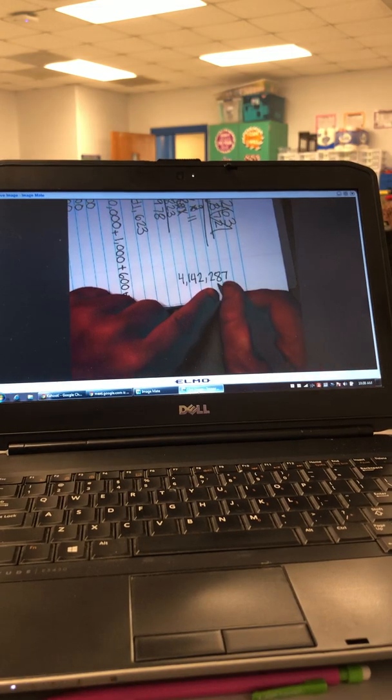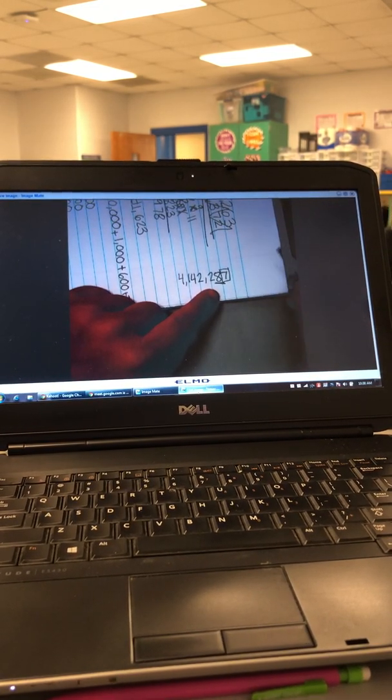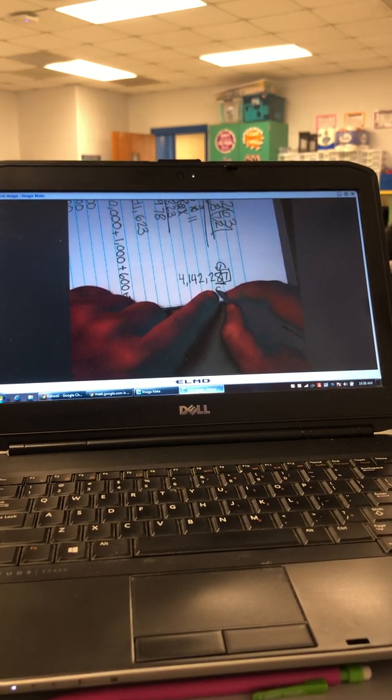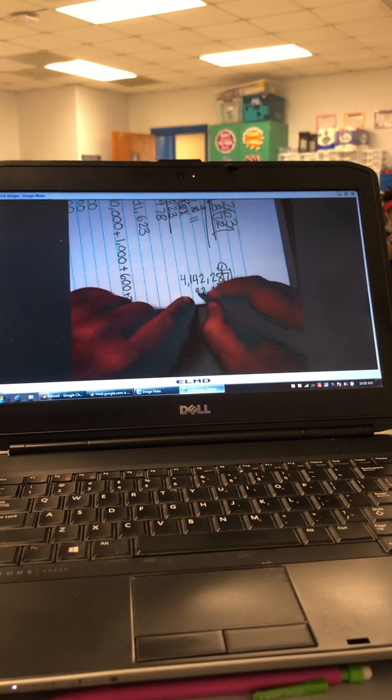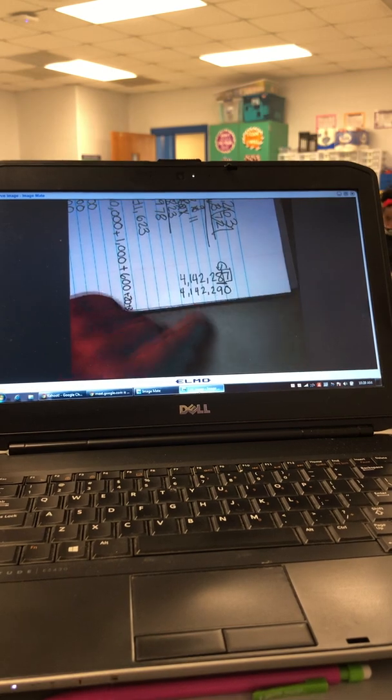Right here is my tens place. My 8 is my tens place. My 7 tells my 8 it needs to do what? Go up to a 9. Everything in front of it stays the same. Everything behind it changes to a 0.